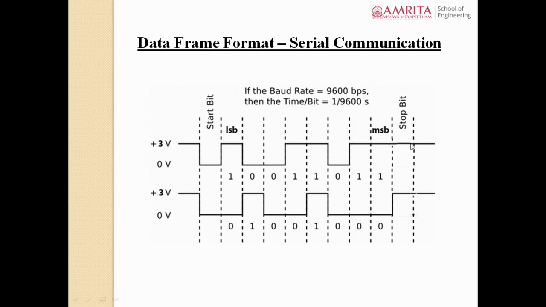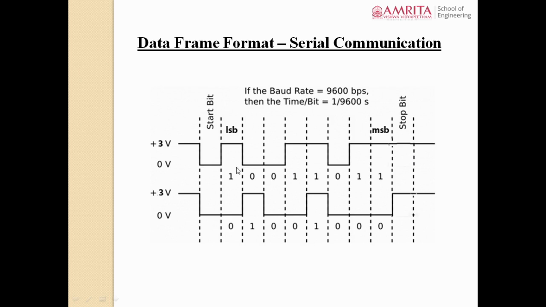So 1 will be the stop bit, 0 will be the start bit. This whole thing is known as the data frame for serial communication. The data frame consists of a start bit, 8 data bits and a stop bit.